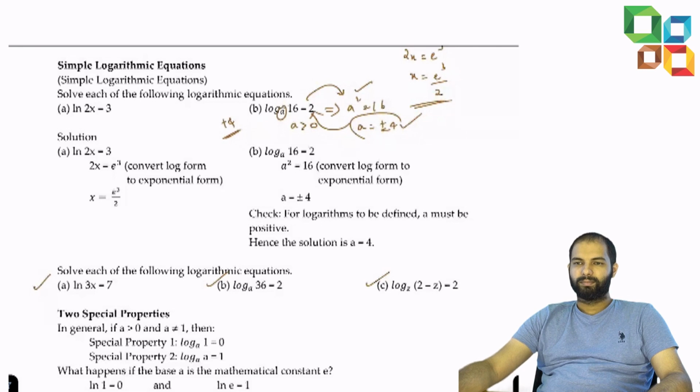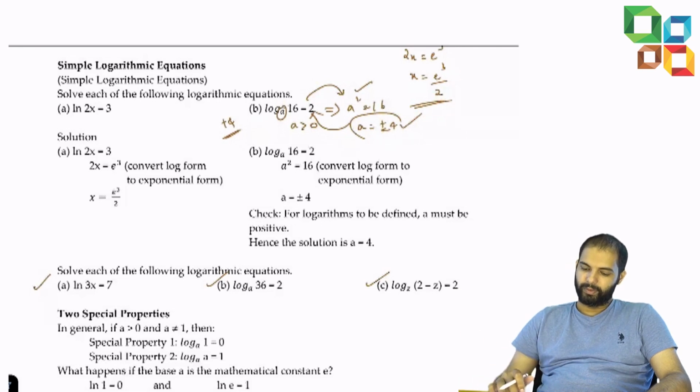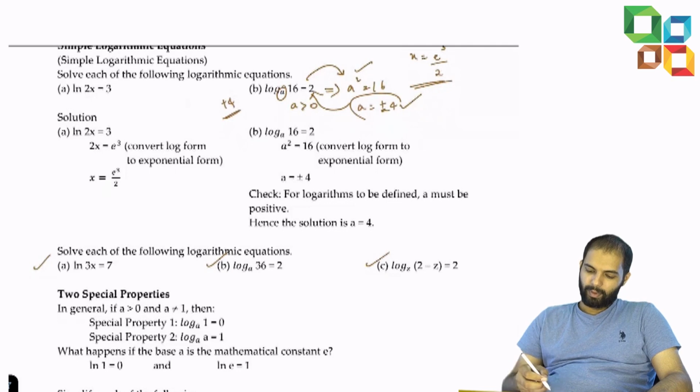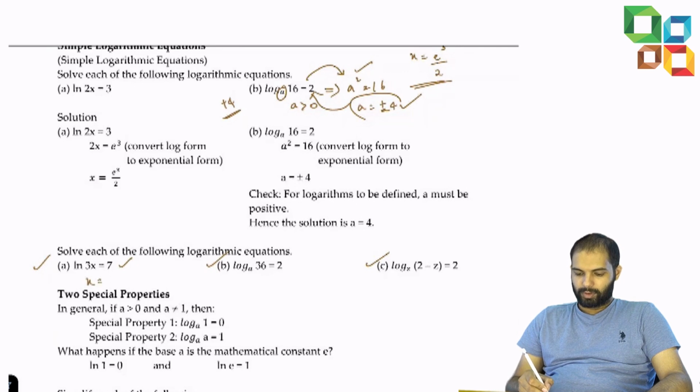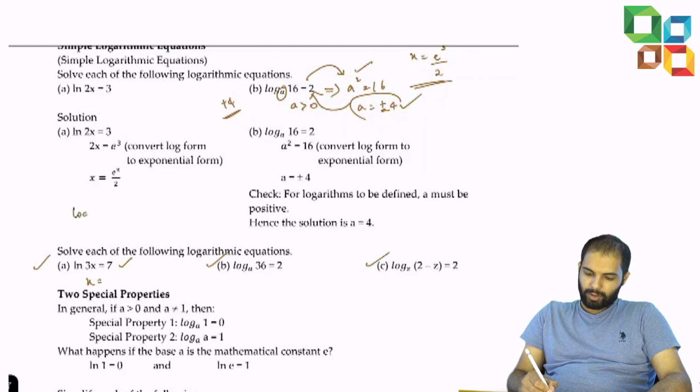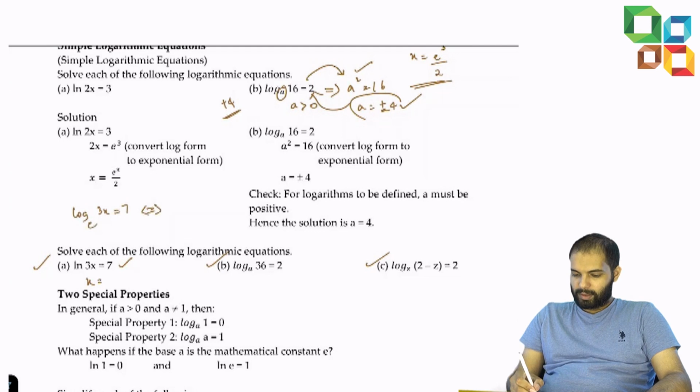Yes, sir. Can you answer the first one? The 3x minus... ln 3x is equal to 7. X is equal to 7 to the power 3 by... See, ln is log base e, so how do you write the equivalent equation?